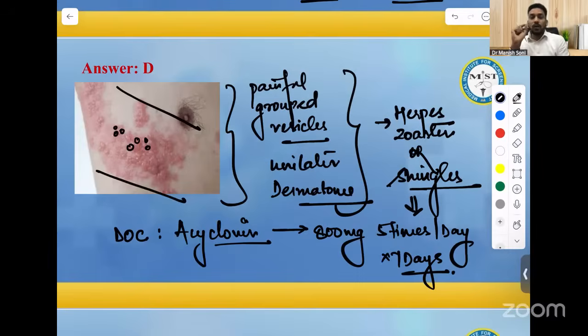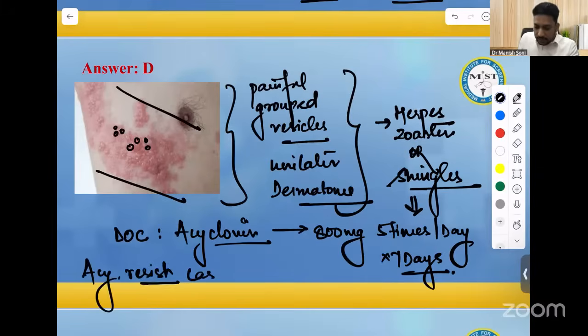Now, if the patient is resistant to acyclovir, you cannot use acyclovir. Then which drug will you use? Famciclovir, valacyclovir, which one will you use? We will not use famciclovir or valacyclovir because those are also congeners of acyclovir. So if there is an acyclovir-resistant case, you can give foscarnet.